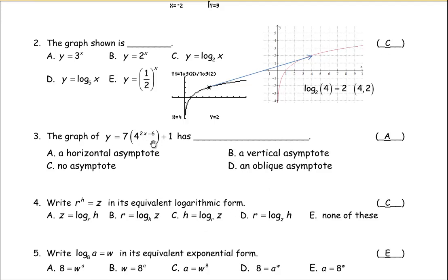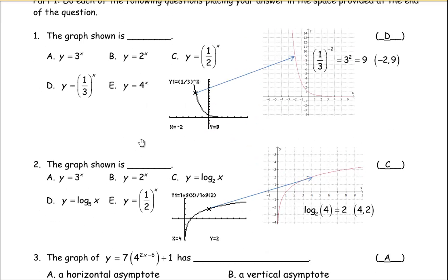For question number 3, you're asked the graph of y equals 7 times 4 to the 2x minus 6, plus 1, has what kind of an asymptote? Vertical, oblique, no asymptote at all, or horizontal. And this is an exponential kind of curve. So very similar to number 1 up here, exponential curves have a horizontal asymptote, whether they look like this or this.